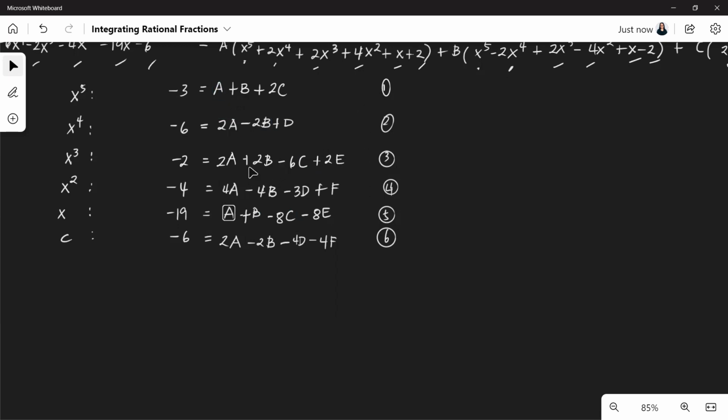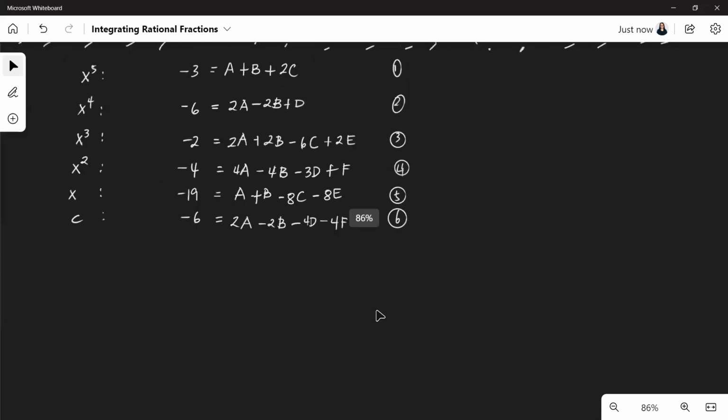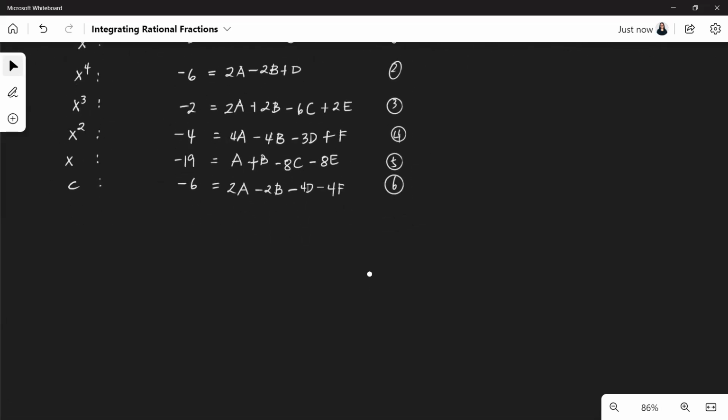Equations 1 and 5, so that you can eliminate A and B. So, equations 1 and 5, to eliminate A and B.